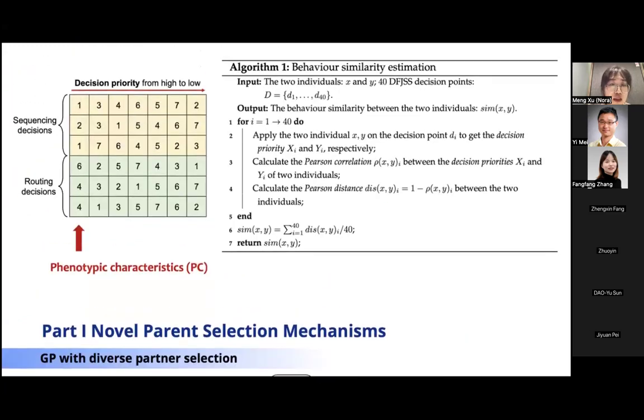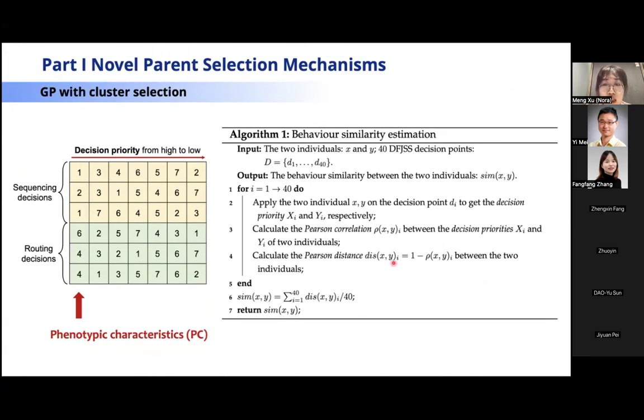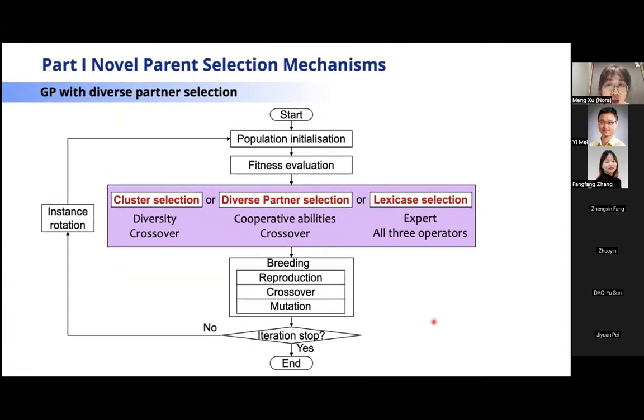So after we know how to measure the similarity between individuals, the cluster selection can be done. And the cluster selection actually chooses individuals that perform differently from each other as parents, promoting diversity.